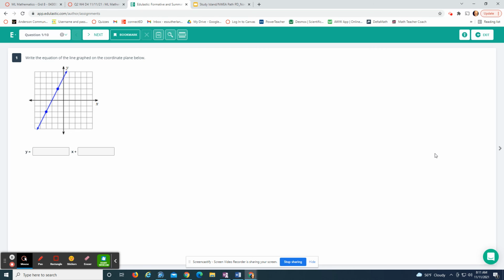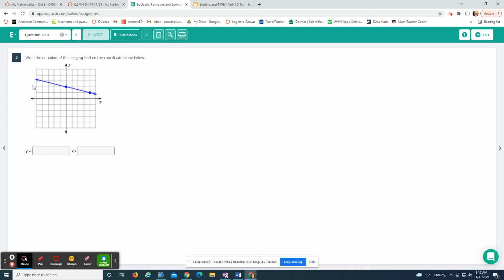So it's 4 because if we look right here, at 0, if we go up, it's up 4 spots. So again, this should be 2 over 1, and this should be plus 4. If you click next, that'll take you to the next question.